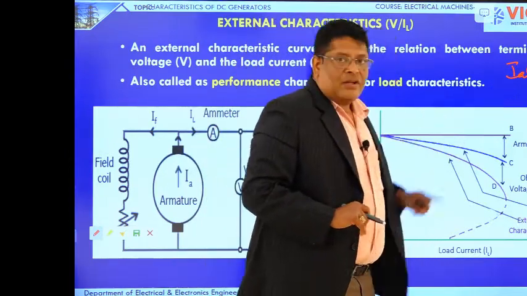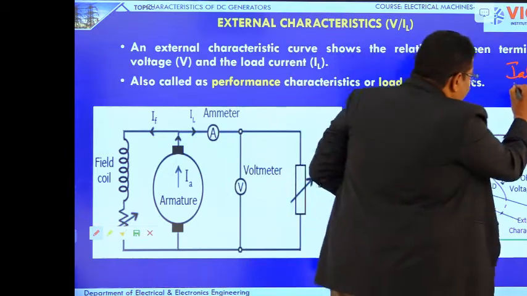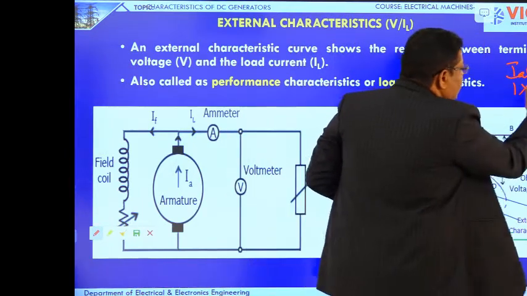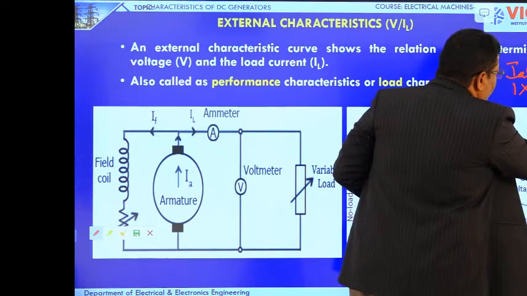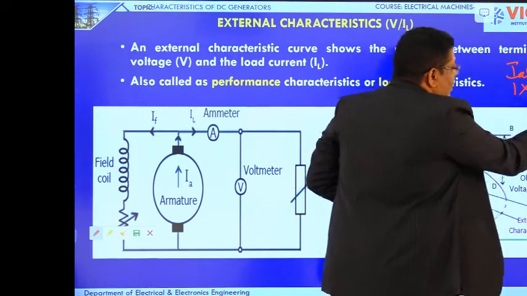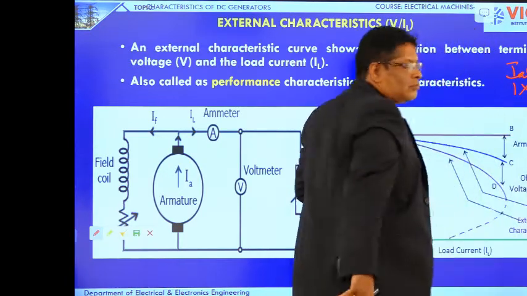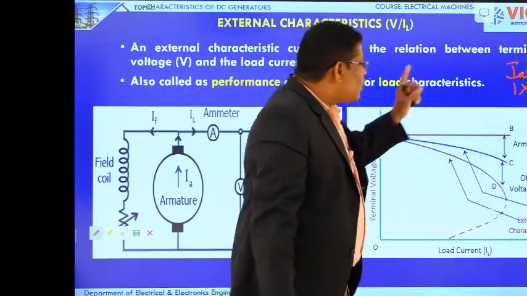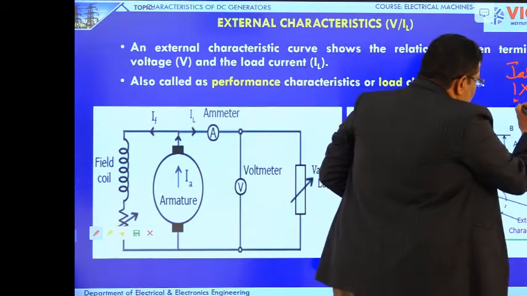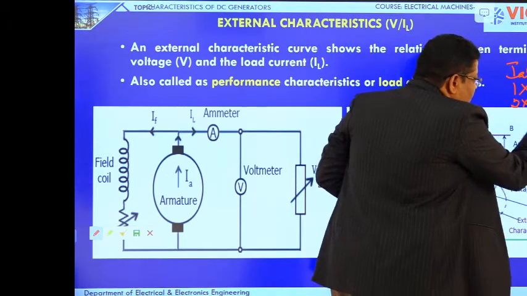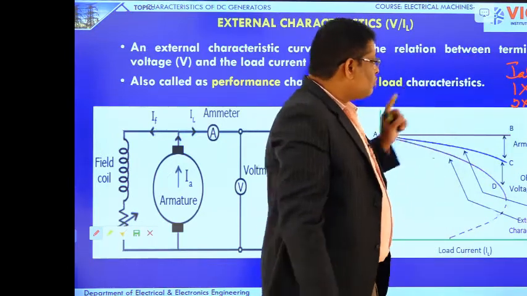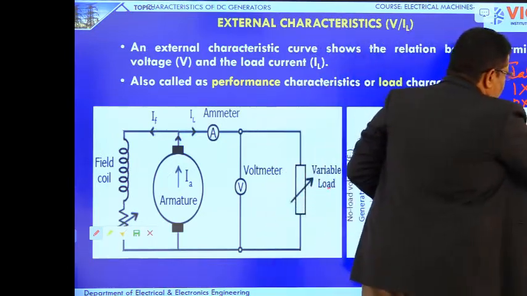See here, suppose the current is 1 ampere and the armature resistance is 2 ohms, this drop becomes 2 volts. If the load current is 2 amperes, again with the same armature resistance, it is 4 volts.